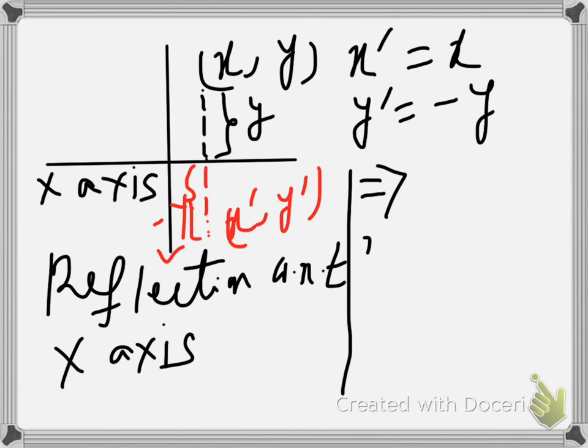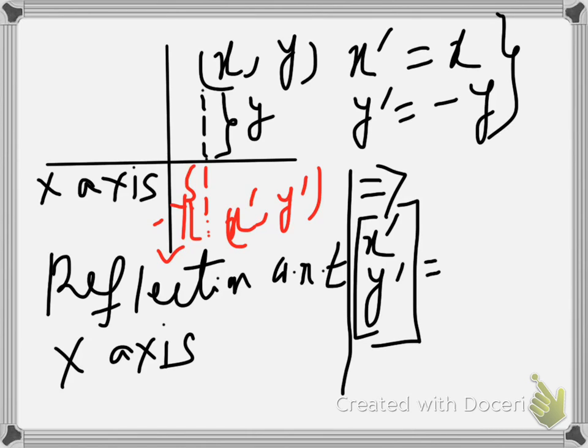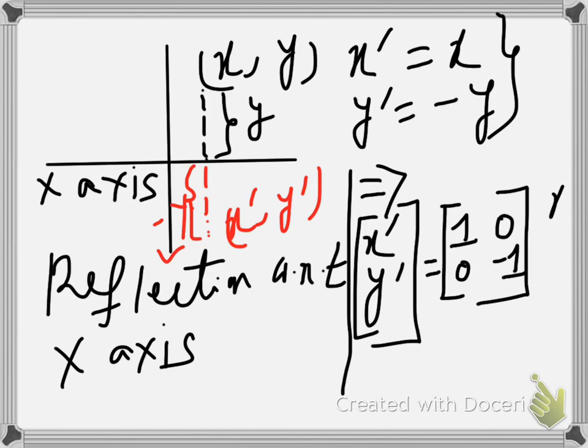If you convert these two equations into matrix form, you get something like x dash y dash vector equals to 1 0, 0 minus 1, multiplied with x y. So this is your reflection matrix with respect to x-axis.